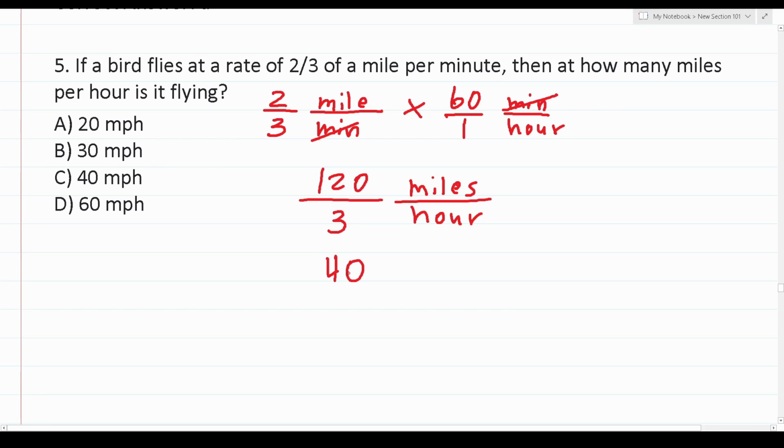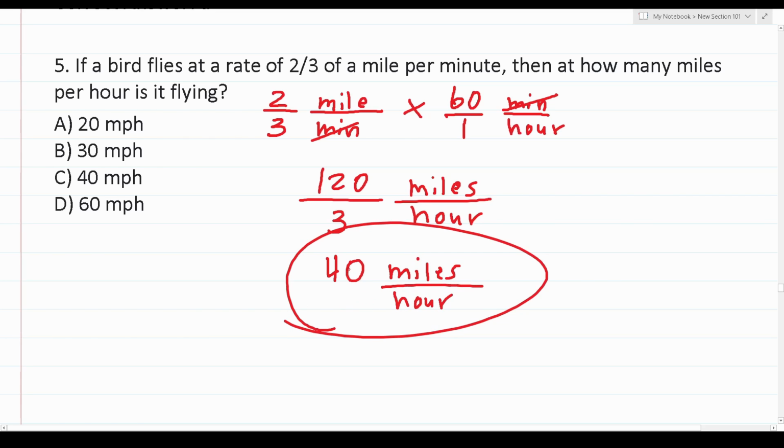So 120 divided by 3 is 40, and this is miles per hour. So 2/3 of a mile per minute is the same thing as 40 miles per hour, which is answer choice C. Kind of a difficult problem, but now that you've seen it, you can see that the math is actually pretty easy. All right, so that's that one.